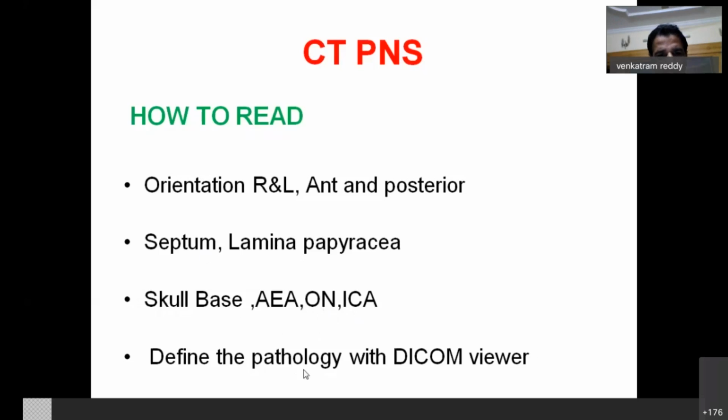Then define the pathology overall. Especially nowadays, we have the DICOM viewer, where you can see the 3D reconstruction. With the DICOM viewer, software available on the internet that you can download, you can read the scan and reconstruct in your mind how to go about doing your endoscopic sinus surgery.